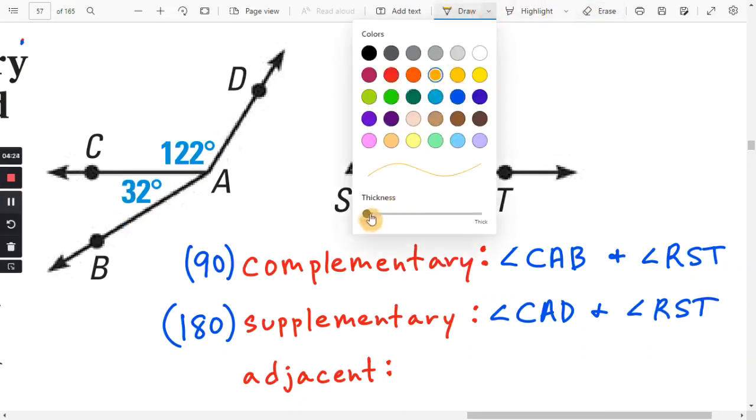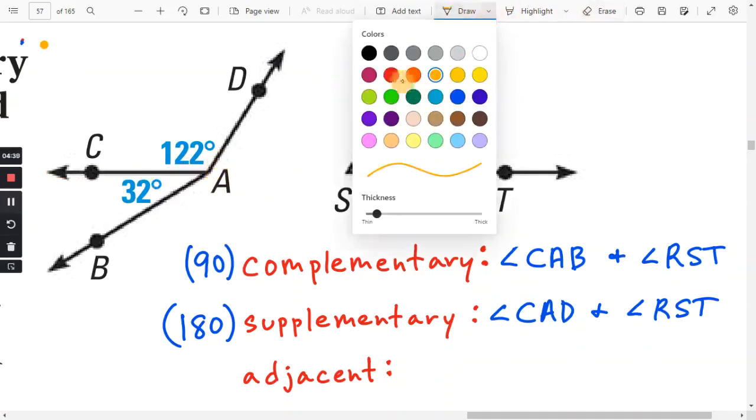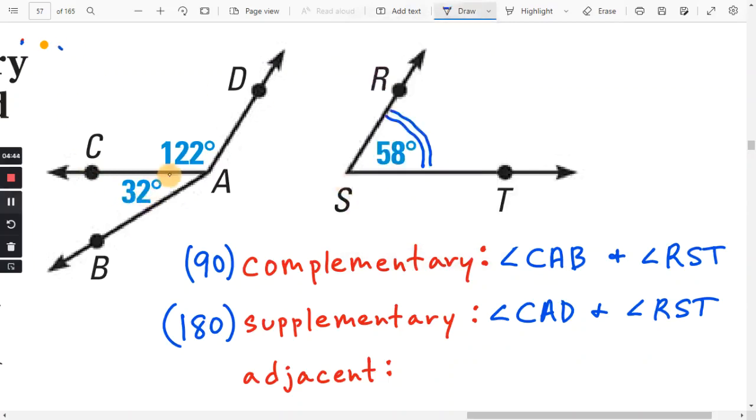You can see right here, this side is shared by both angles, and the vertex is at point A. So that would be this one here, angle BAC, and this one here is going to be angle DAC.